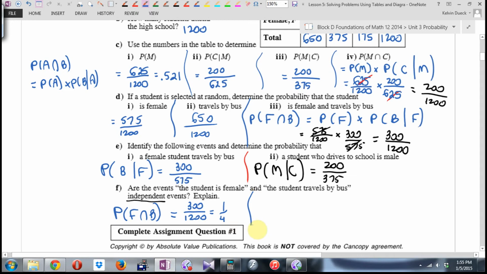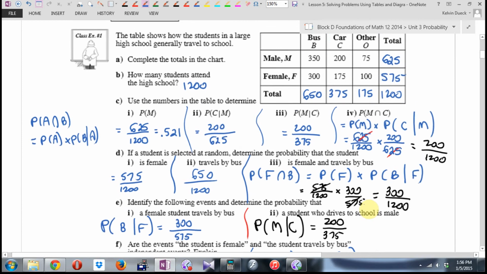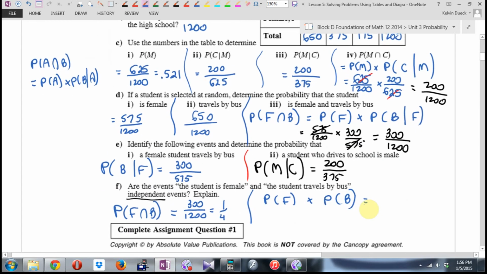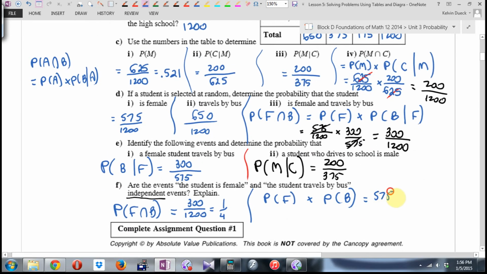Now, to see if they're independent, if I go probability of female times probability of bus, see if I get the same answer. What's the probability that they're female? 575 out of 1,200 times.